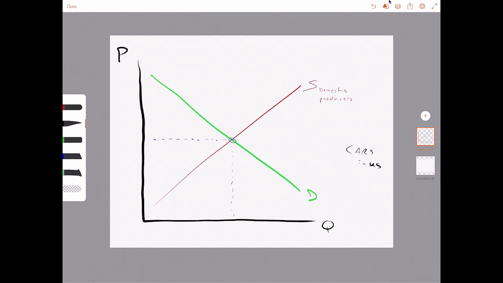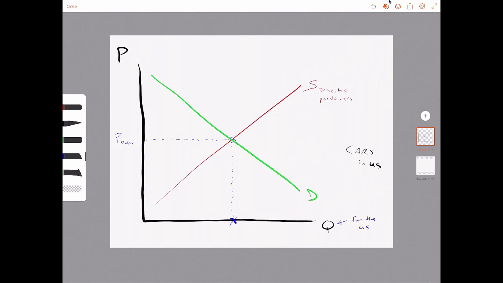And so where the two lines are crossing, we have the domestic price. I'm just going to call this PDOM for domestic. And we have the domestic quantity at that price. Let's put a little X there, because it's always going to be the domestic quantity. So this quantity is the quantity for the US.